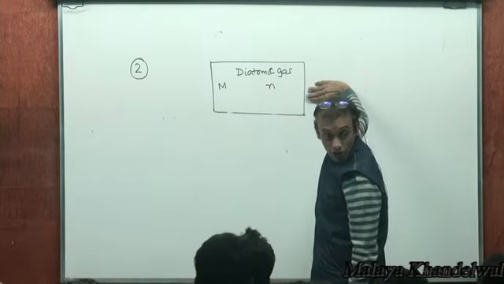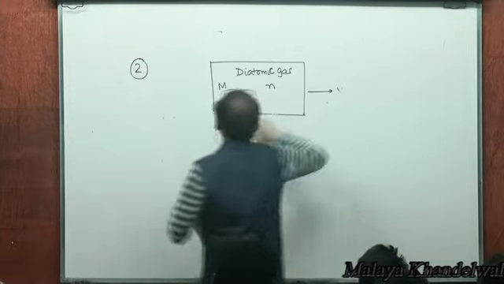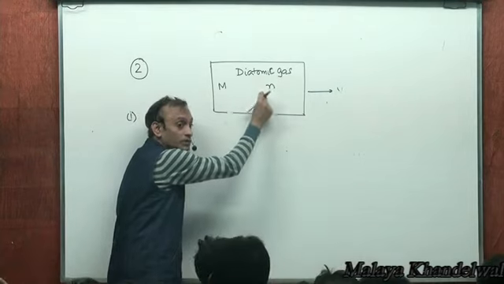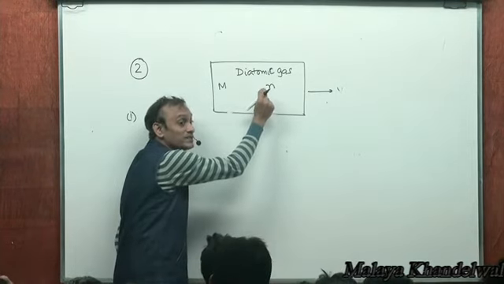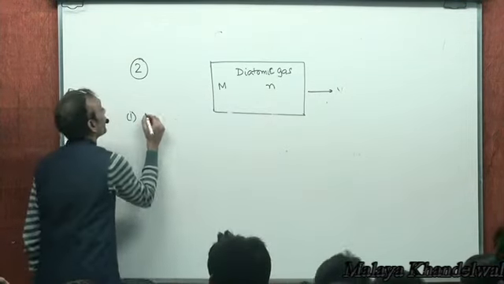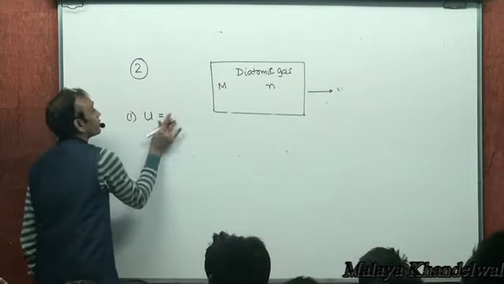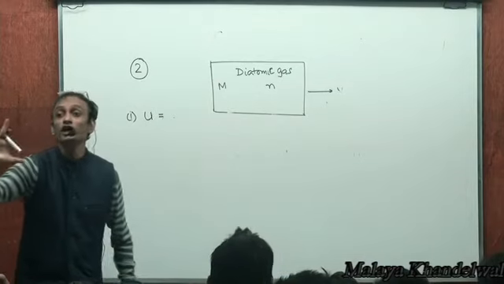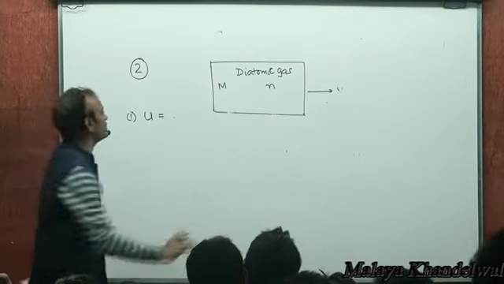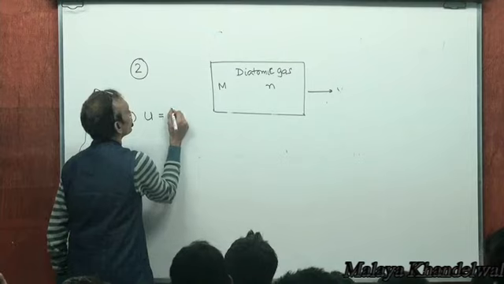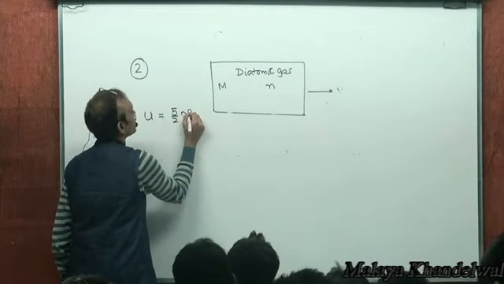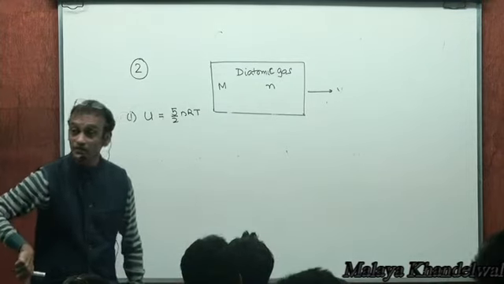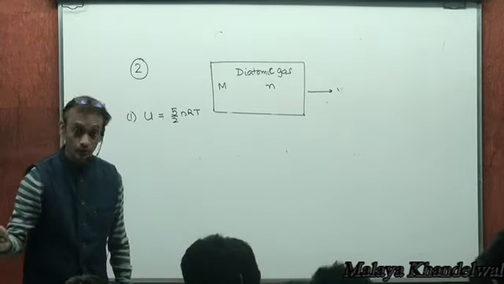That means the internal energy of this is F by 2 nRT, where F is 5 for a diatomic gas. So 5 by 2 nRT is the internal energy, which is also the energy in the center of mass frame.